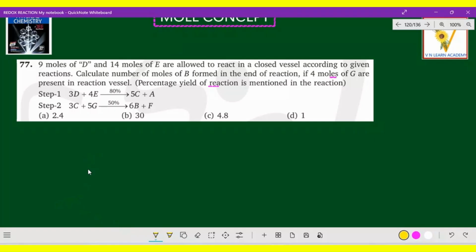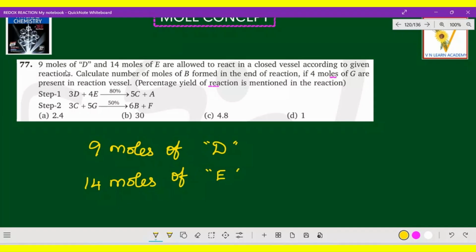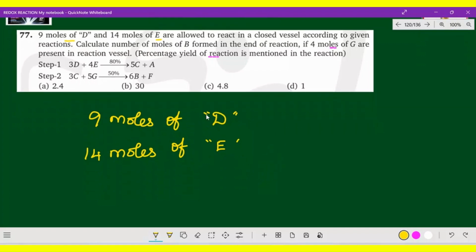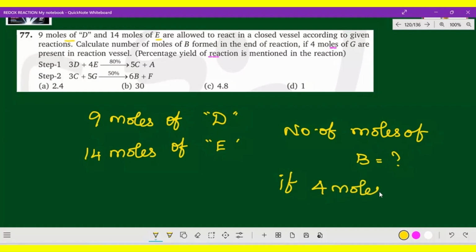Come on, let us identify the data so that it will be easy for us to find the answer. 9 moles of D, and 14 moles of E are there in the closed vessel, and we have to calculate the number of moles of B if 4 moles of G are present. So that is what we have to find in the question.